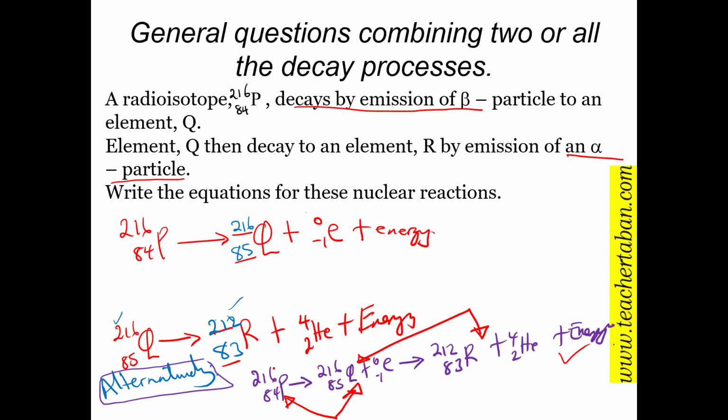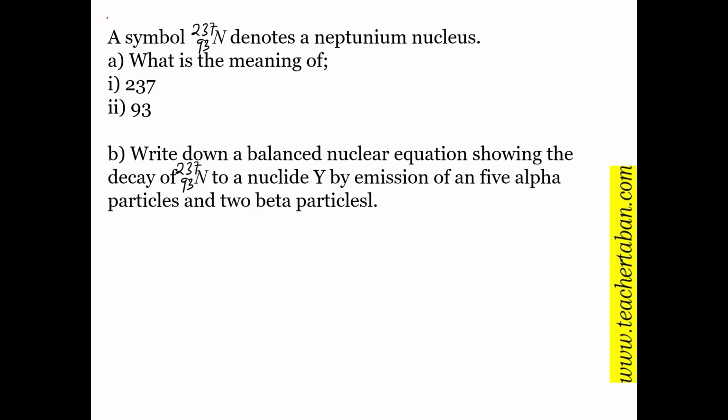That is number 1. Then number 2 says that there's a P here. A symbol NP denotes a neptunium nucleus. What is the meaning of 237? What does it mean? Okay, this is the total number of protons and neutrons in the nucleus of an atom.